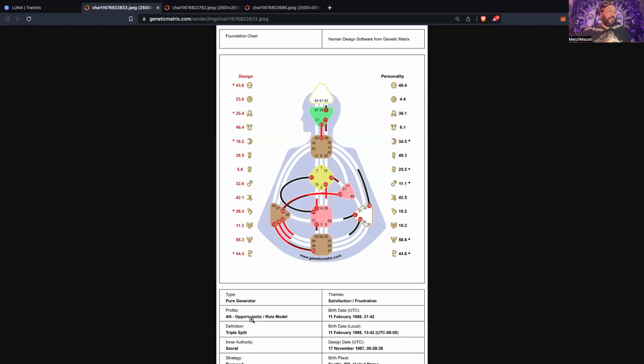Opportunistic role model. This person will take the opportunity to relate to their life when they're in conversation with others. But it's like learning about themselves and then storing that information. And then when they're in conversation with someone that they trust, they'll start to share a little bit about how they can relate to a situation.